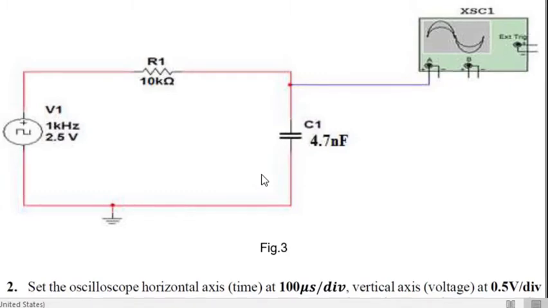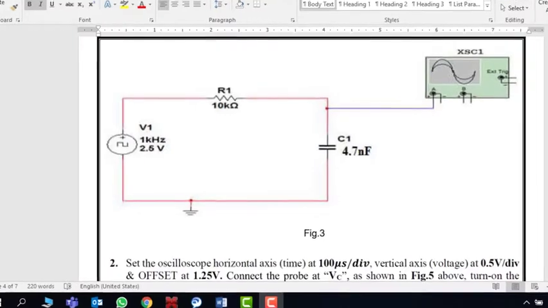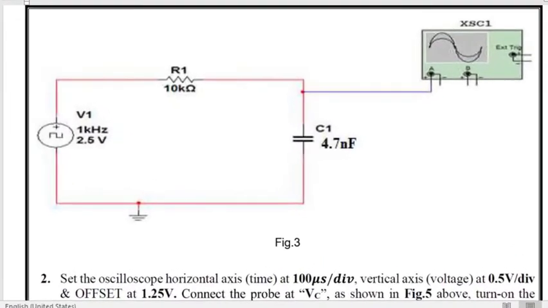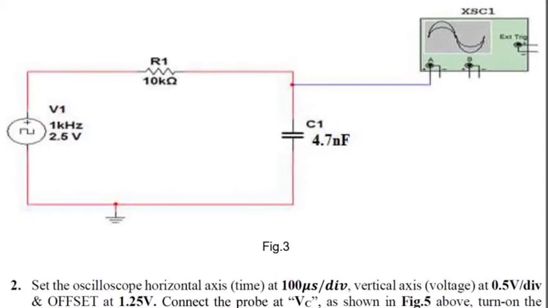Tau for this circuit equals 47 microseconds. Tau equals one time constant. Time constants tell how long the capacitor takes to charge or discharge.